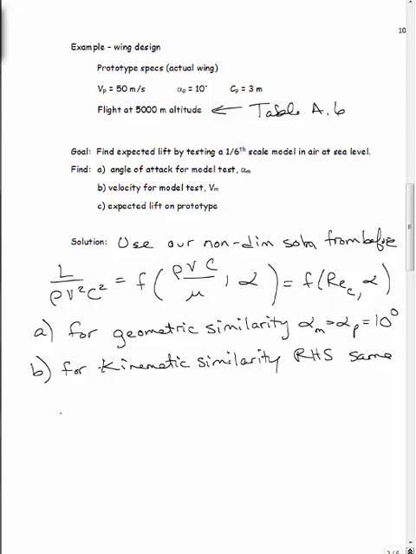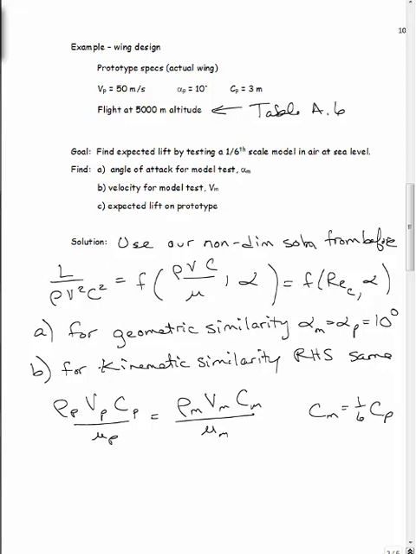So we need rho prototype times V prototype times C prototype over mu prototype equal to rho model, V model, C model over mu model. We also happen to know it's a 1/6 scale model, so C model has to equal 1/6 C prototype. All right, so let's just rearrange that.